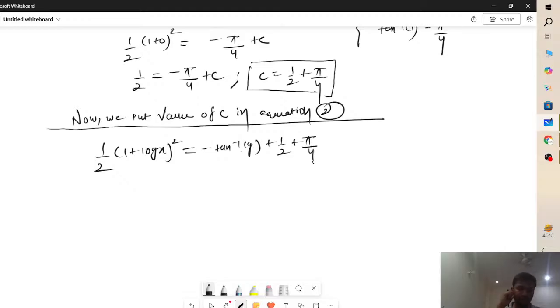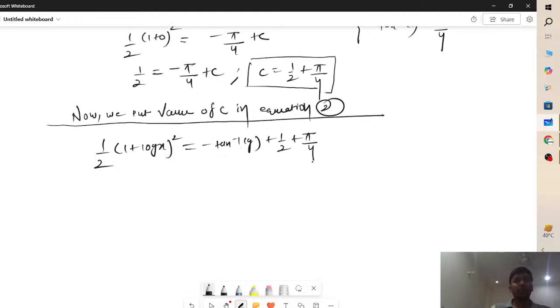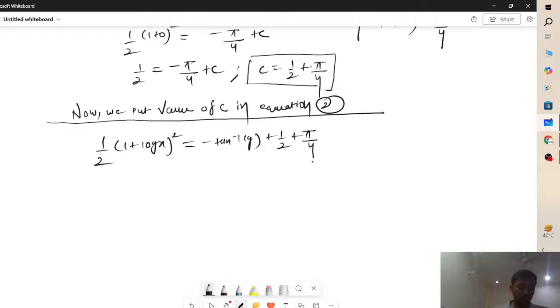Got it. अब आगे कैसे प्रोसीड करेंगे हम, can anyone tell?